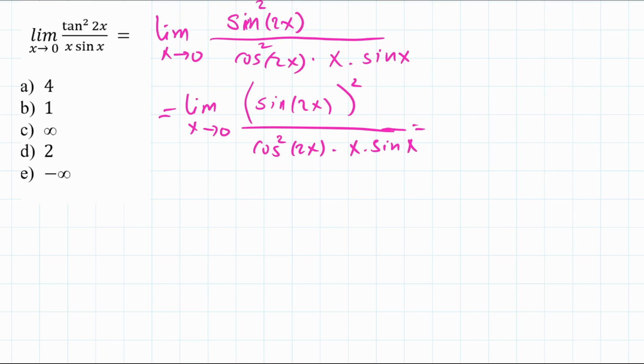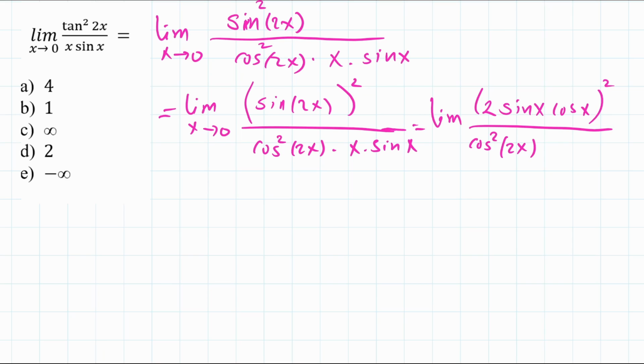So what is sine 2x? Sine 2x is nothing but 2 sine x cosine x, don't forget the square here, divided by cosine squared of 2x times x times sine x as x goes to 0. Now this could be written as the limit as x goes to 0.